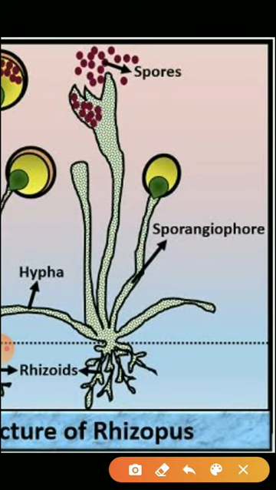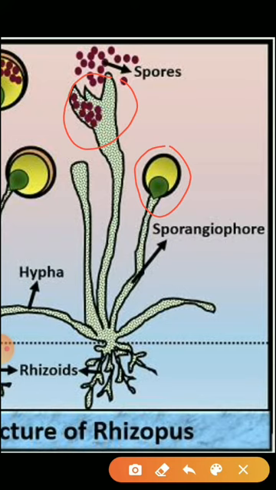This flagella is absent in this spore, so we call it non-flagellated. And they are thin-walled spores. The spore wall is very thin, and they are formed inside the sporangia. In this sporangia only these spores are forming. That's why we call them endospores.